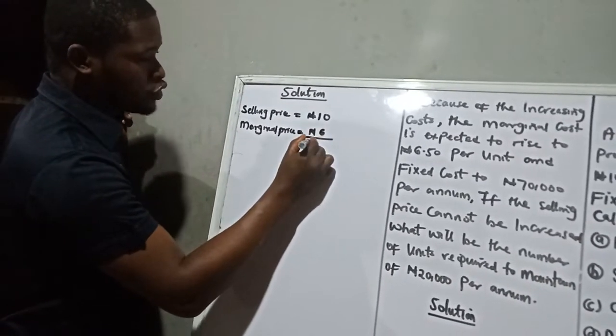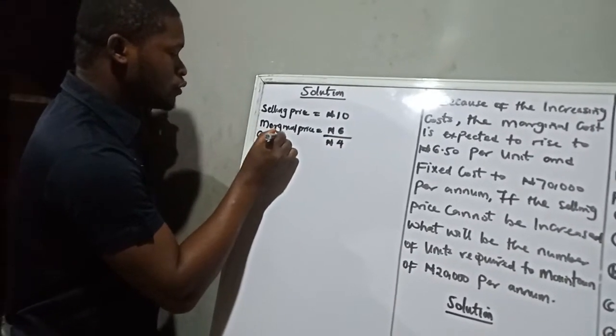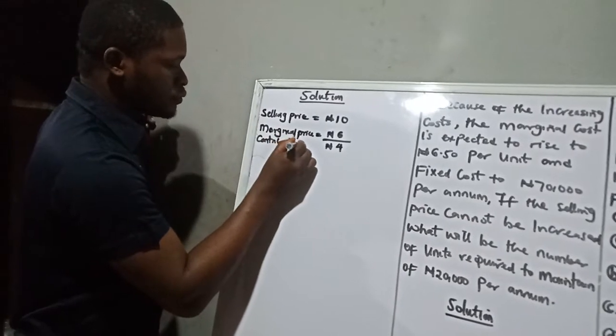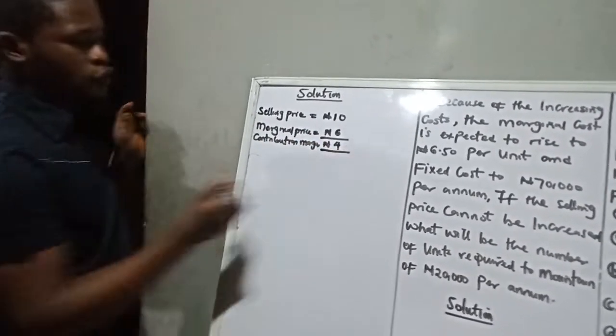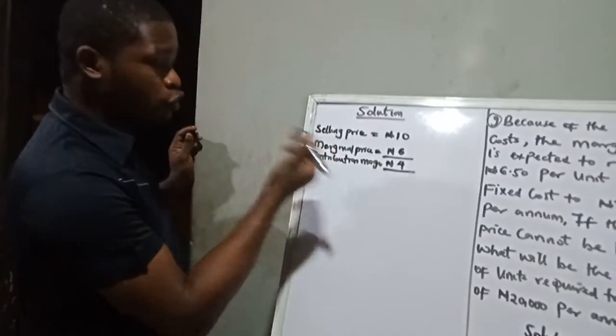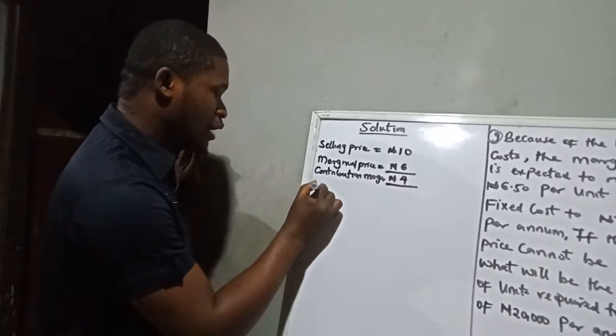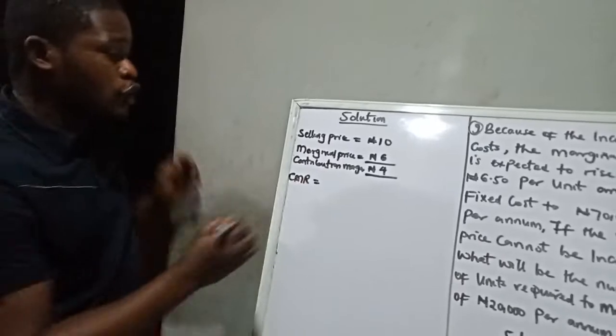Do you see it now? So that means we are going to have 4 naira as the contribution margin. You can see now this is our contribution margin. Then the next one, what are we looking for again? We can add our CMR, that is contribution margin ratio.